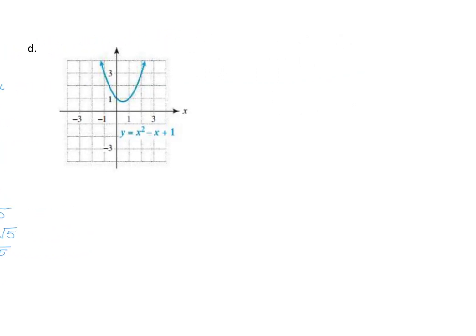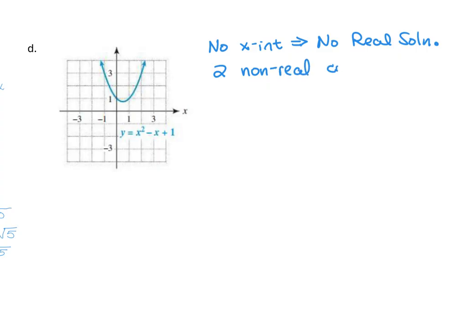This one, we also have no x-intercepts, which means no real solutions. So we are going to have 2 non-real complex solutions.